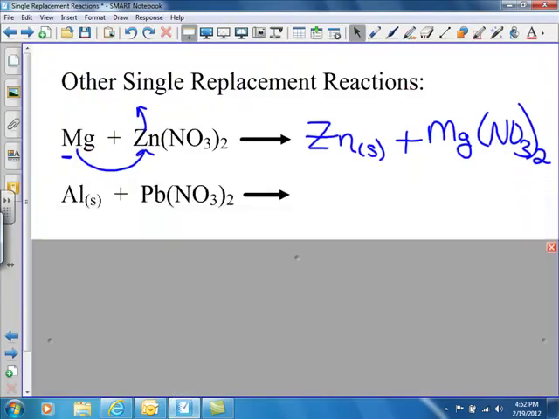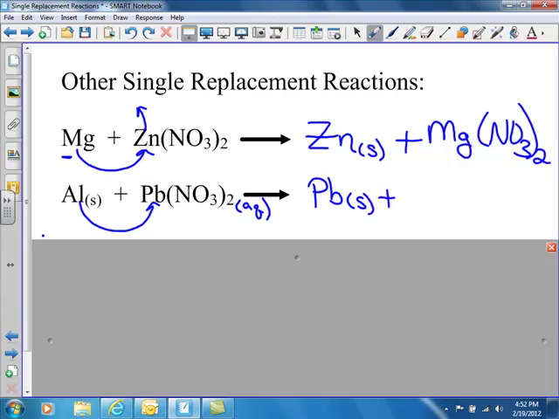So, let's just do a couple of these. Aluminum plus lead nitrate. The aluminum is solid, and one thing I should have put on here is that these are aqueous. This aluminum goes in and kicks out the lead, so I'm going to get lead that's a solid.